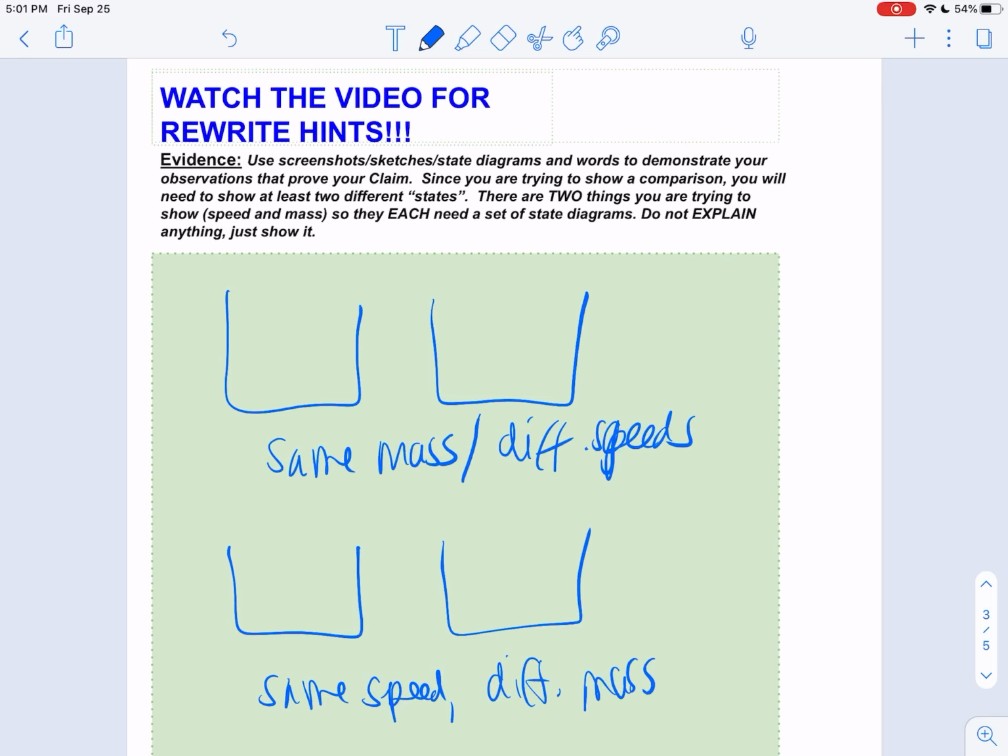And then you're always comparing to the kinetic energy bar. That's where I'm seeing the kinetic energy. Do not say potential energy. Do not say total energy. Do not say height. Don't say friction. Not related. We are looking at only speed, mass, and kinetic energy in this one.